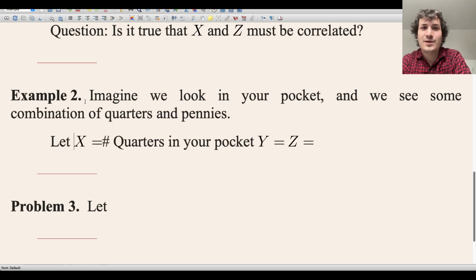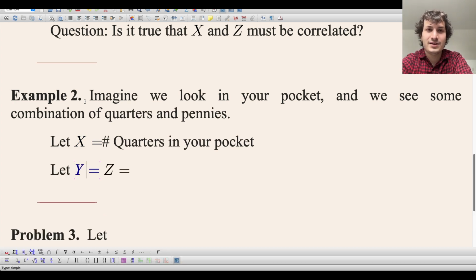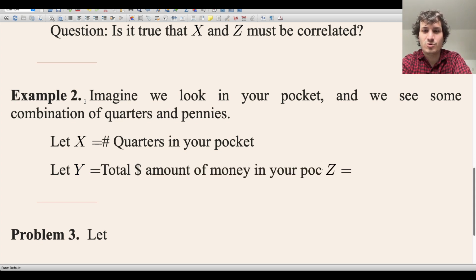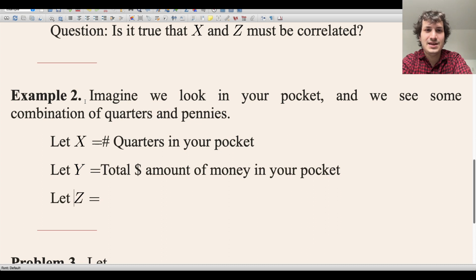Let's let x be the random variable, which is the number of quarters in your pocket. We're going to let y be the total dollar amount of money in your pocket, so from your quarters and pennies. And we're going to let z be the number of pennies in your pocket.